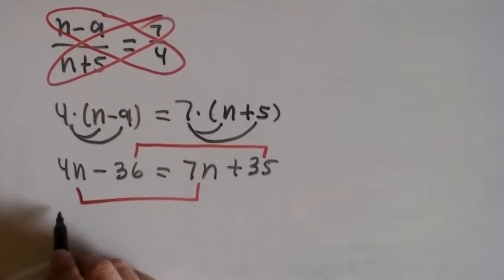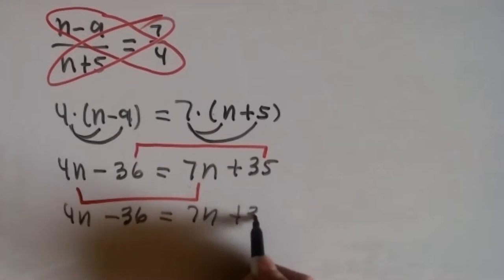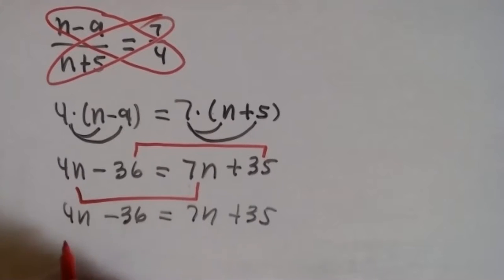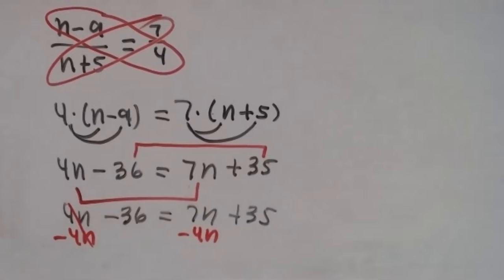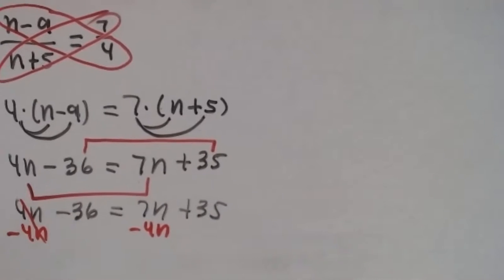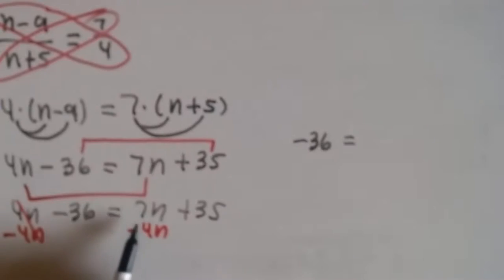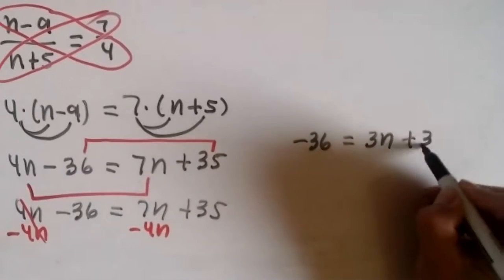You just write the equation again. 4n minus 36 equals 7n plus 35. I'm going to subtract this from this. So I subtract 4n both sides, correct? I cancel, and I'm going to get negative 36 equals 7 minus 4, 3n, plus 35.